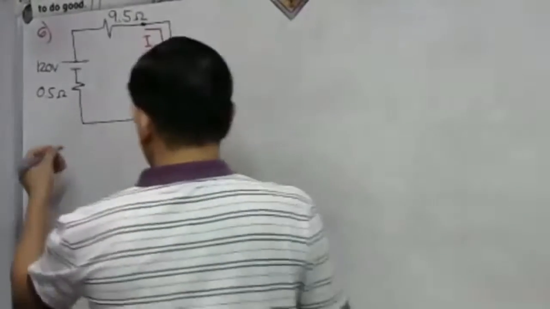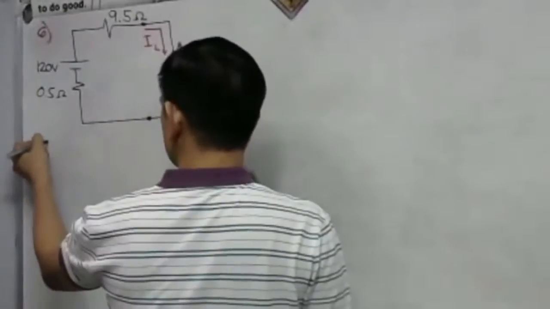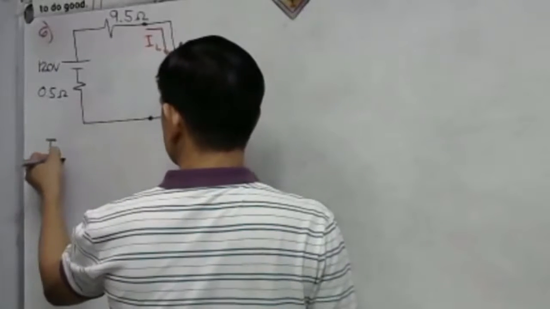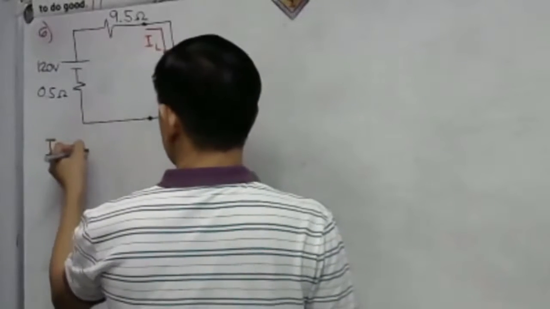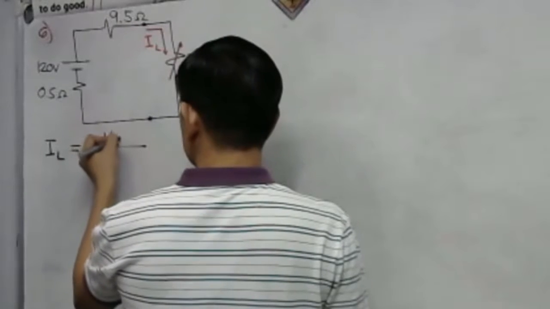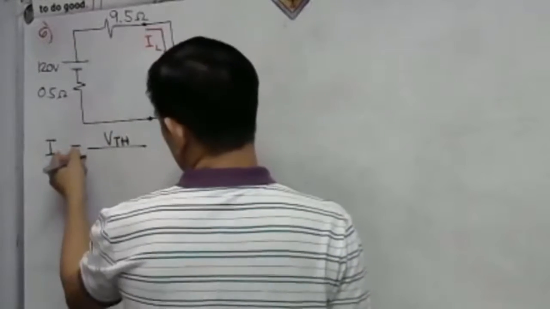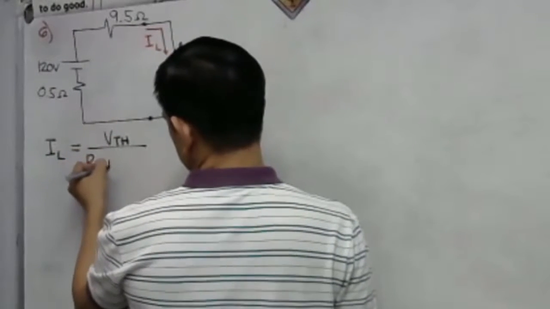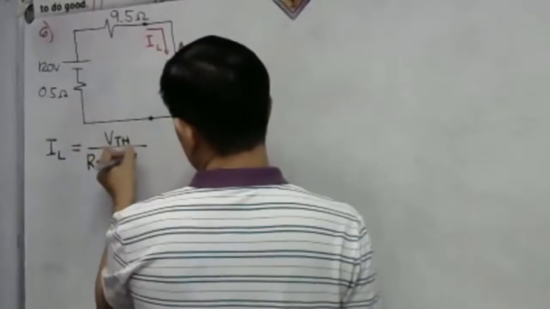So our IL by Thevenin's theorem is VTH over RTH plus RL.